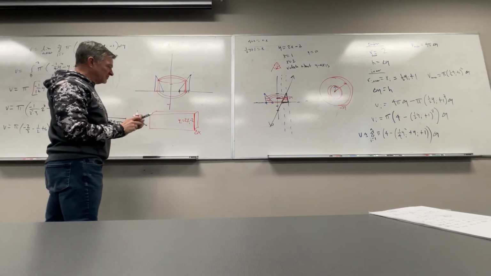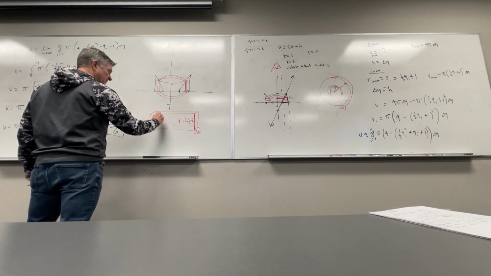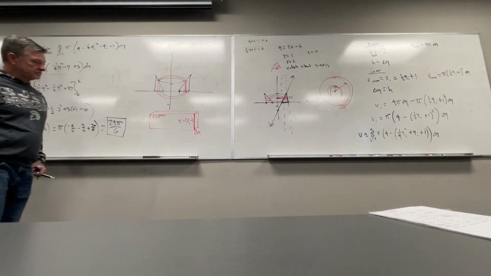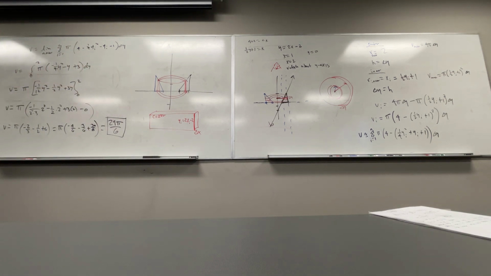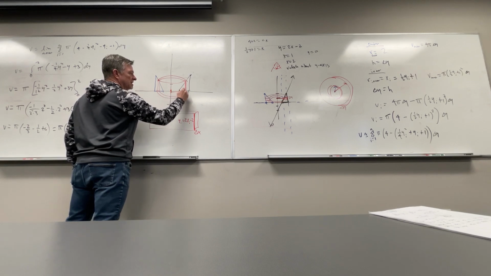What's the formula for circumference? 2 pi r. Okay. And I need an expression for the radius, don't I? What's the radius? Well, it's the distance from here to here, isn't it?